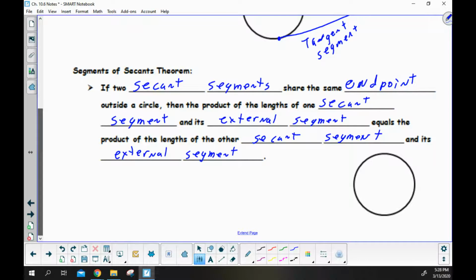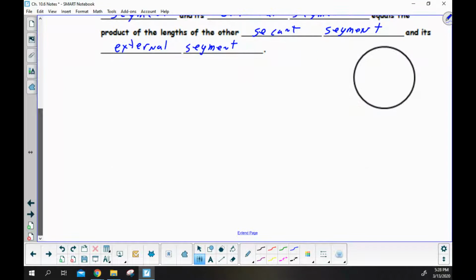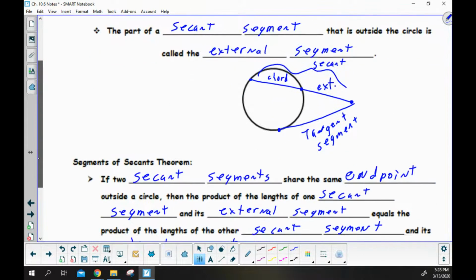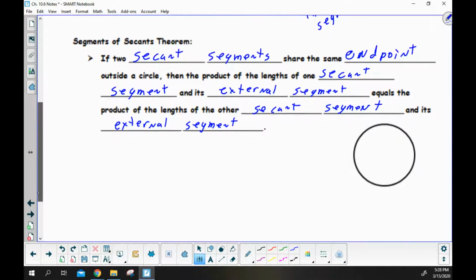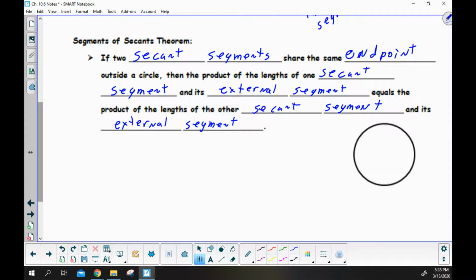So a good way of putting this, guys, is that we have two secants, one there and one there, and they meet at this point way out there, right? I'm going to call this E, and then it has the points of intersection along the circle.